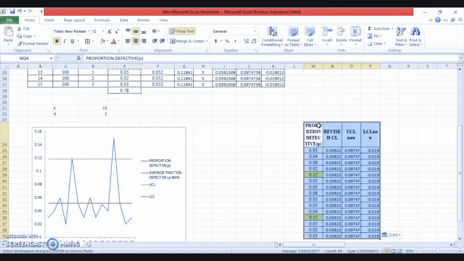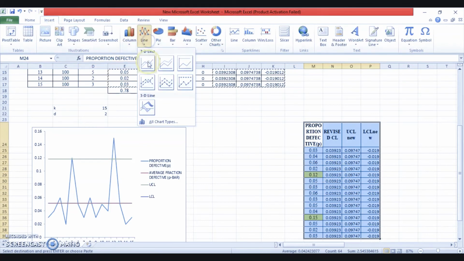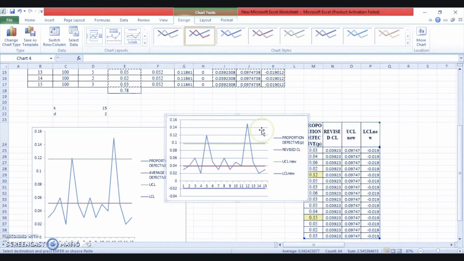Straight away I'll take these values and prepare a line chart. I will delete the grid lines and see what is the change between the previous one and this one.